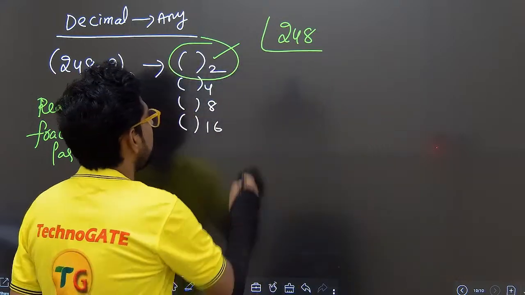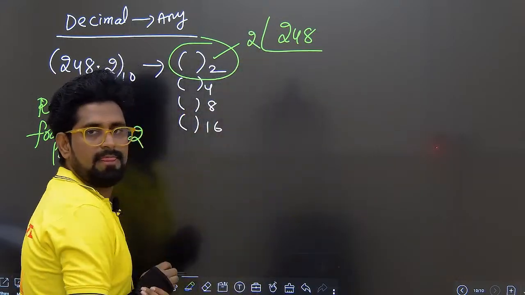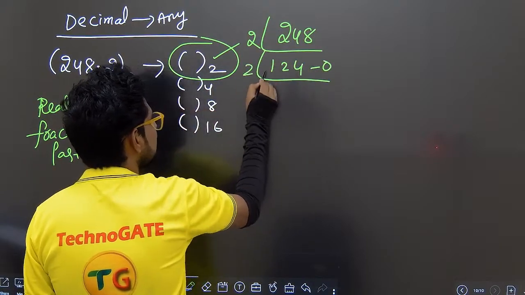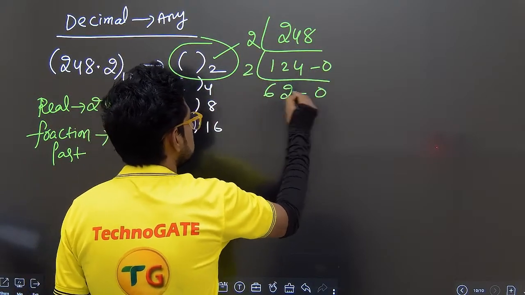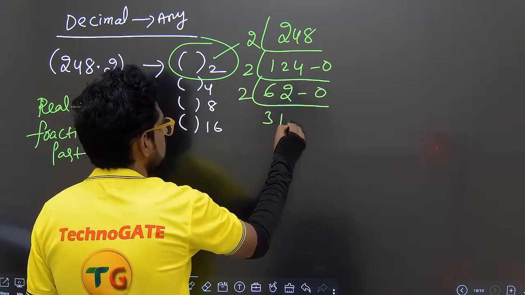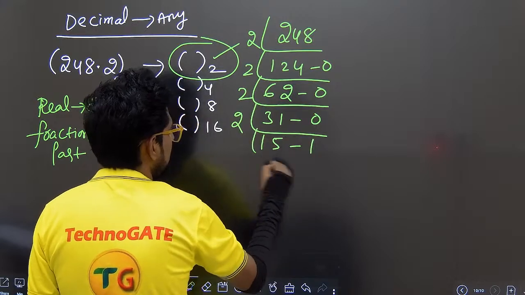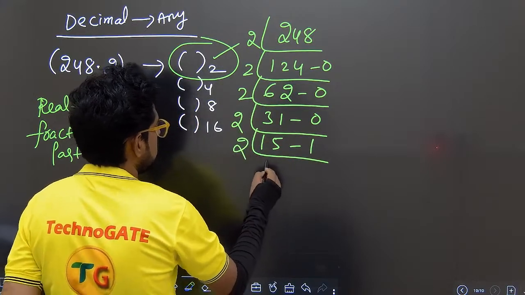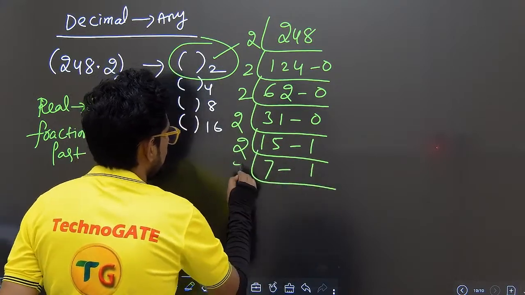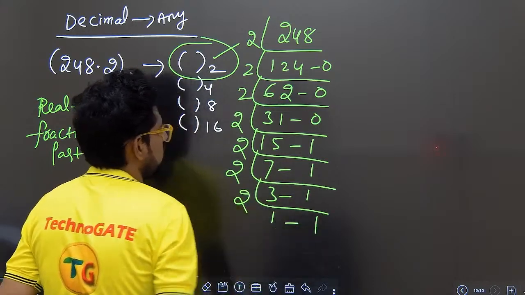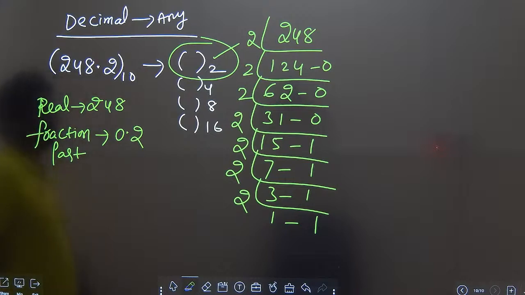I am dividing with 2. 2 ones are 2, 2 twos are 4, and so on, with remainders.